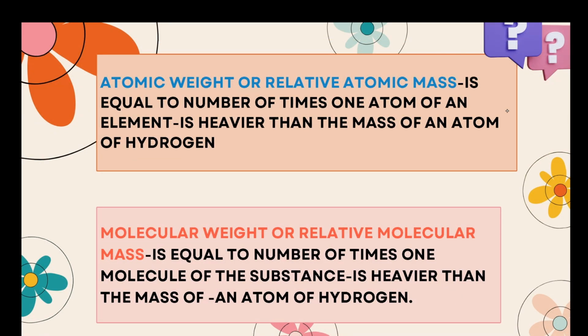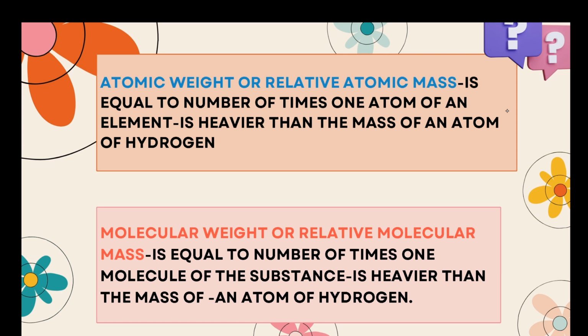Now to calculate the mass of an atom was very challenging for the scientists, because atom is very small. It is so tiny that to weigh it directly was very difficult. So scientists started comparing their weights to some standard element. So earlier hydrogen was taken as a standard because it was the first element and the lightest element, hence it was taken into consideration.